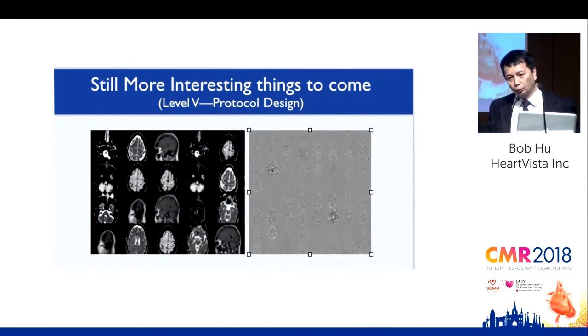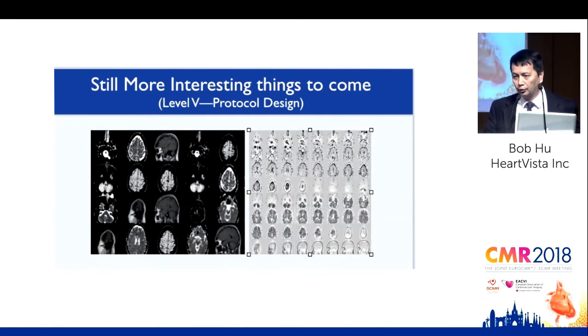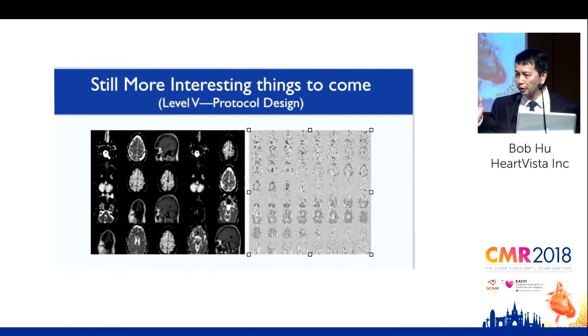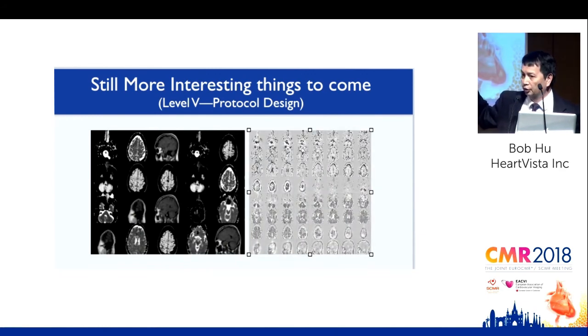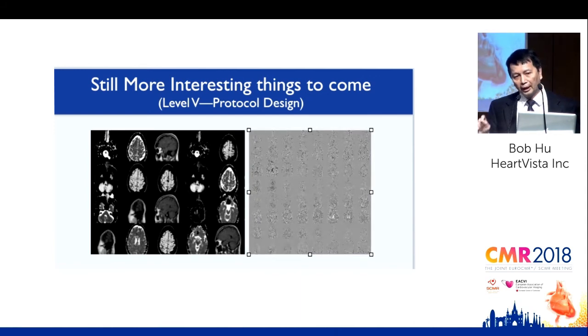And as it recognizes normals, and it's only trained on normals, it's going to get rid of all of the normals and leave you behind, in just a few moments, the 2 images that have strokes in them.